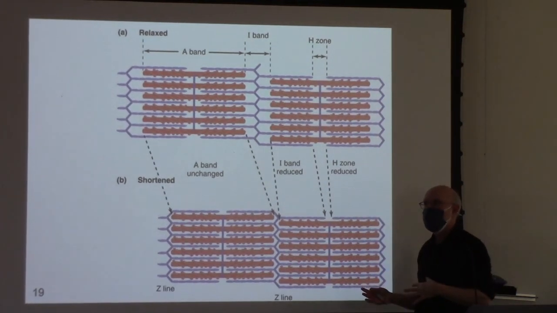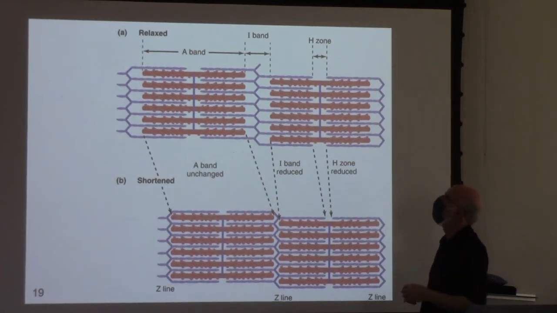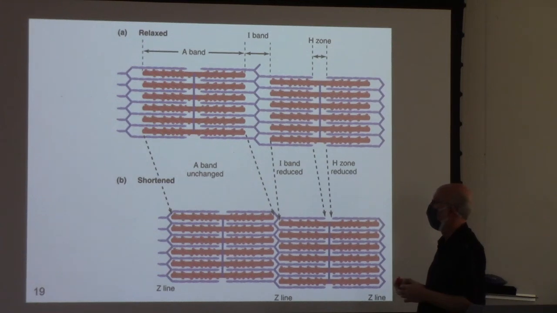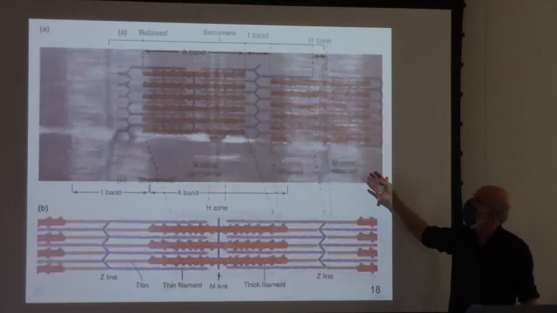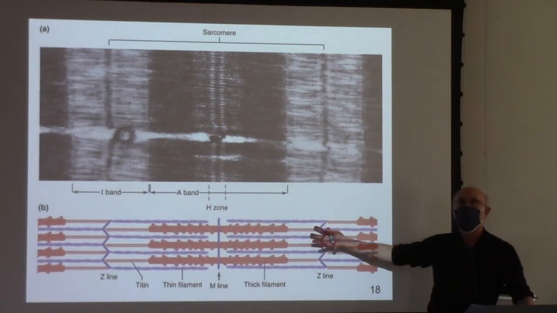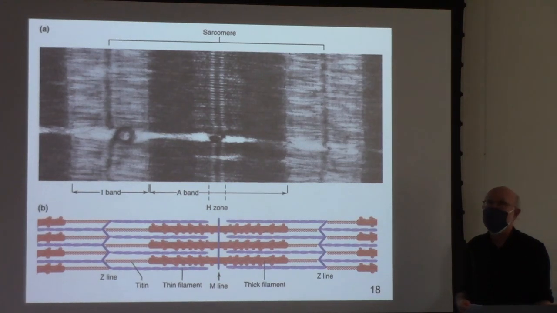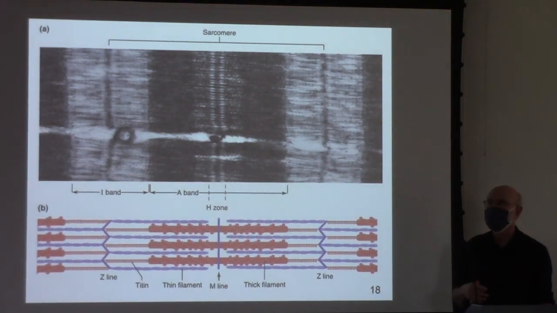So parts, but not all, of the sarcomere gets shorter. I think if you know the names and you know the story, you can figure out which gets shorter and which doesn't get shorter. And I might ask you to do that.